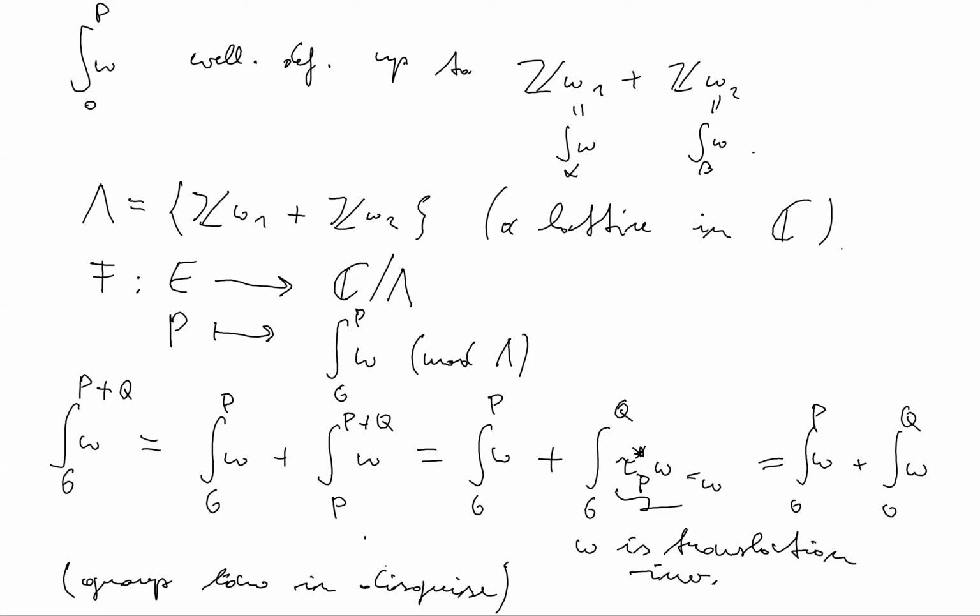I can represent the point P by the integral from O to P, and the point Q on the elliptic curve by the integral from O to Q. This says that there's a nice group law where I can add these points and get the third point, or in other words, that this map F is actually just a homomorphism. Okay, that's good.